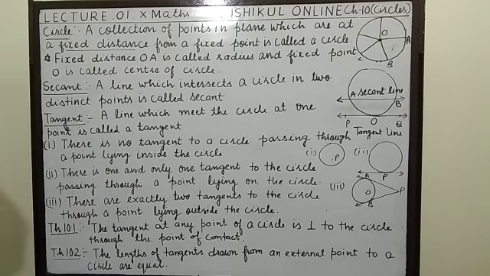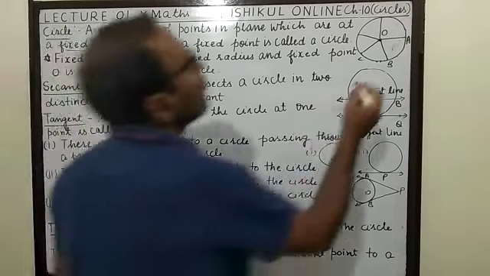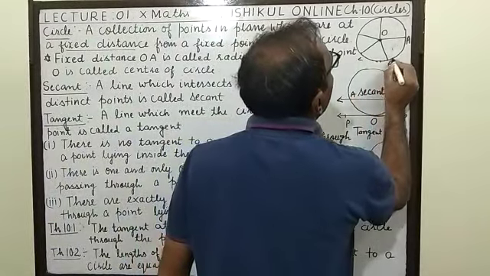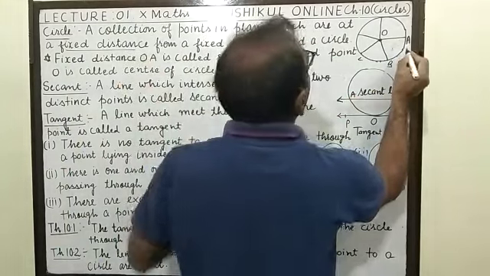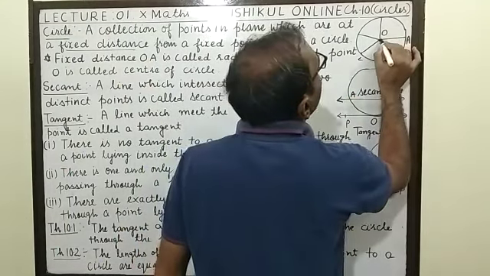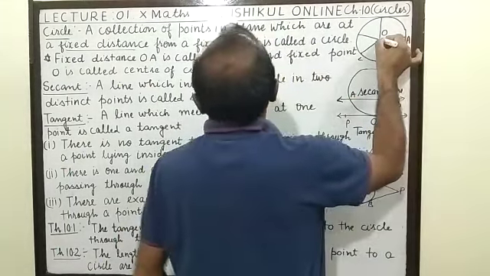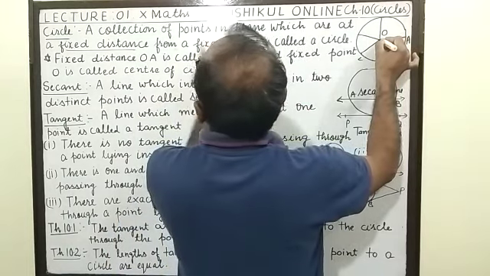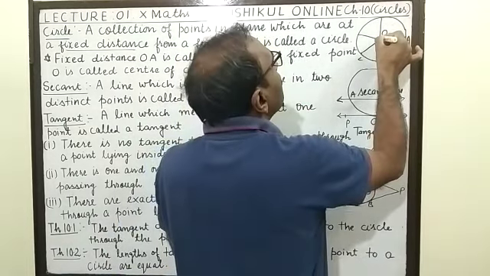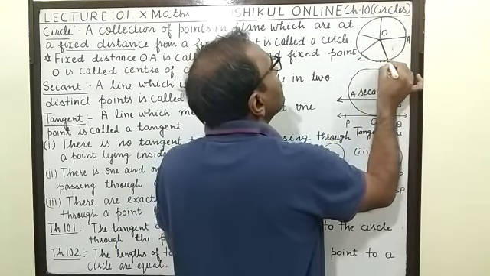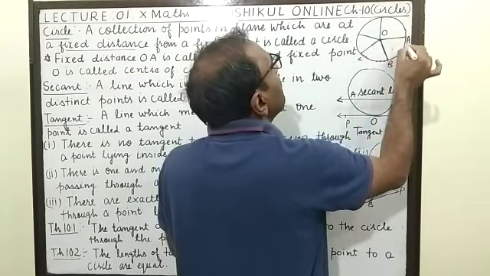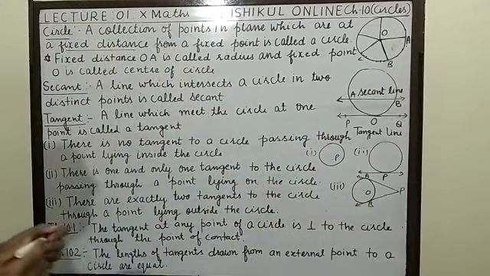What is a circle? A circle is a collection of points in a plane at a fixed distance from a fixed point. These are collection of points and you join them, you find a circle.